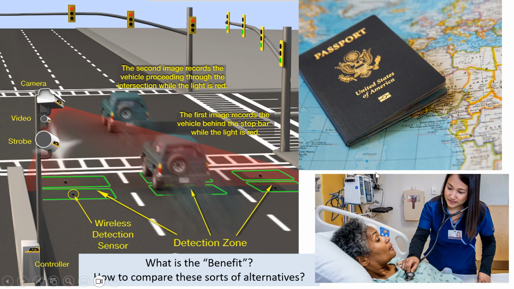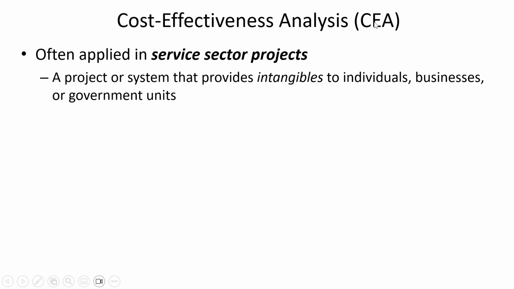We don't always necessarily know, and it may not be necessary in order to compare different hospitals to each other, or to compare different for-profit healthcare management organizations to each other. So the cost effectiveness analysis approach is applied to service-related projects generally, where intangibles are being provided to individuals or businesses. And intangibles mean things that you can't directly measure or quantify.